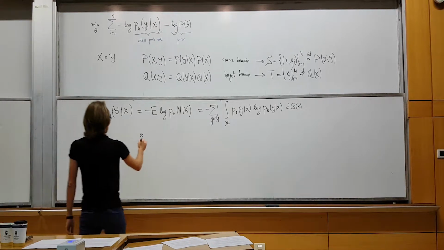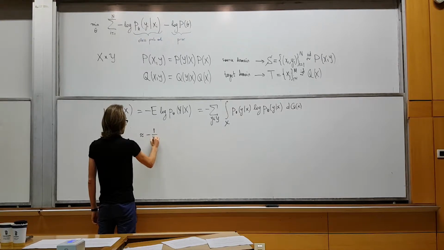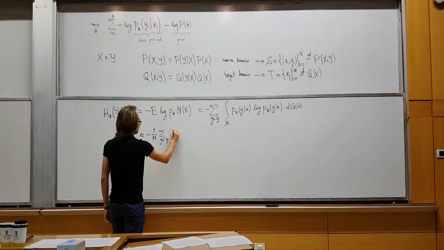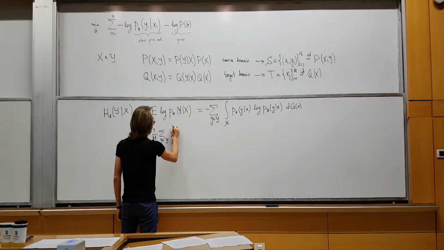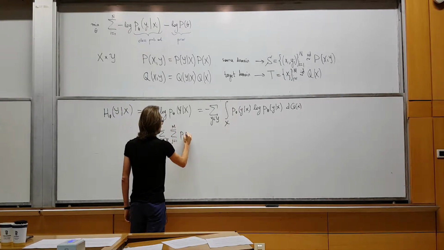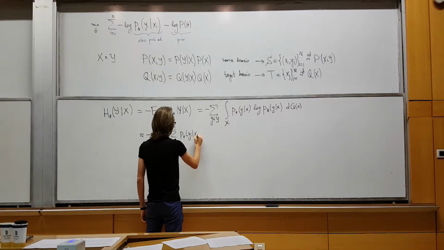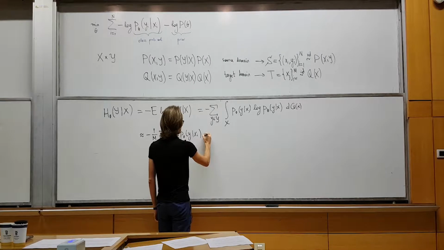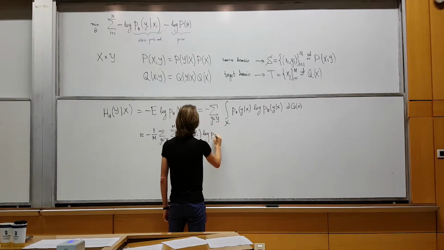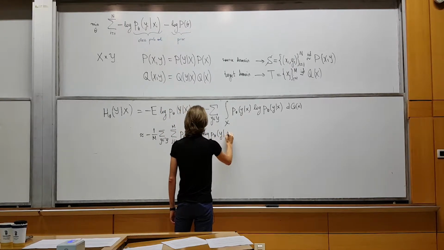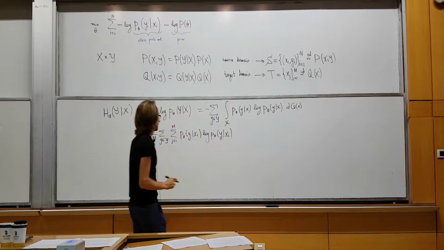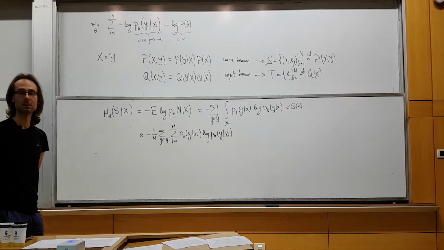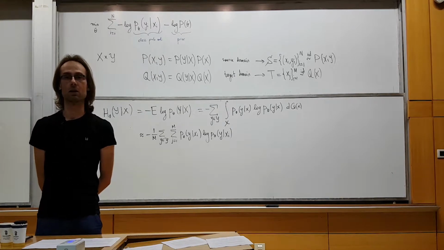So it will be minus 1 over m, sum over y, sum over j, p theta y given x, log p theta y given x. Okay? So this is my final sample estimate of the conditional entropy.